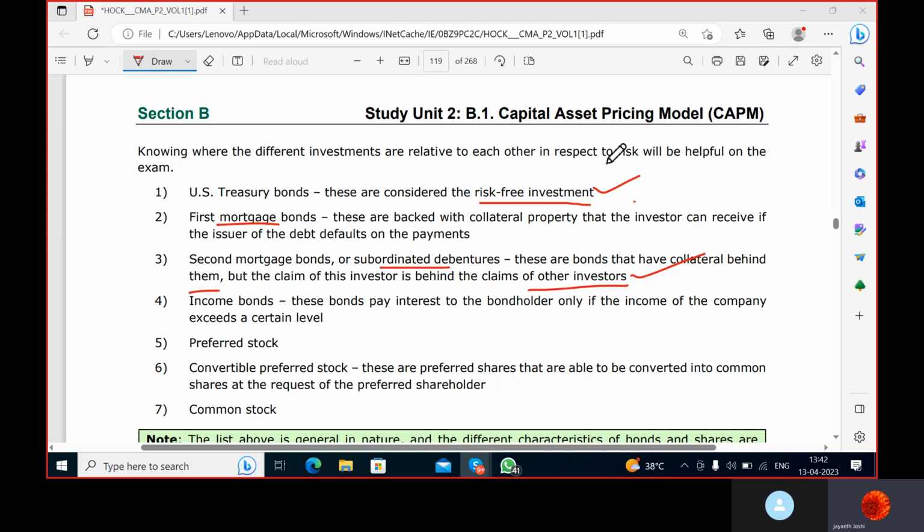Why? Because those people are pressurizing the company to sell the assets and give the money back. That's the reason these are called subordinated debentures, because they can claim only after the claim of the first mortgage bonds. But I'm really doubtful about the statement they are giving. It's a controversial statement. If you want, I can send you a number of links, or you can Google it. You will not see any subordinated debentures with any collateral.